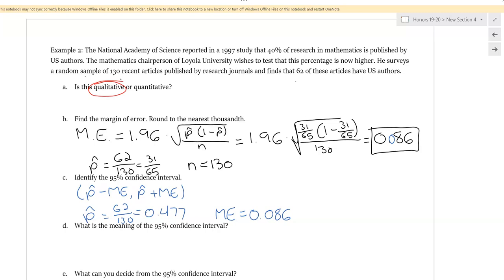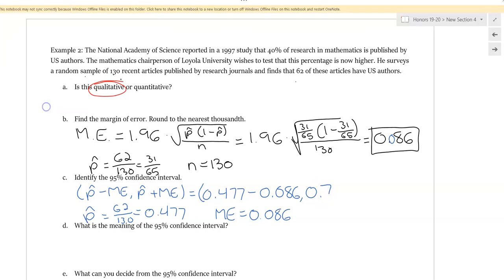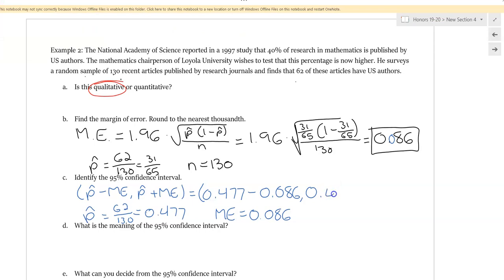So then, plugging everything in, I'm going to have p hat, so 0.477 minus 0.086 and 0.477 plus 0.086.